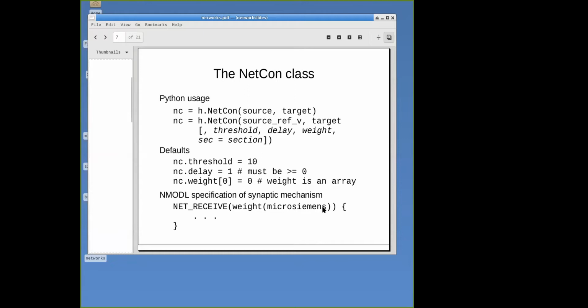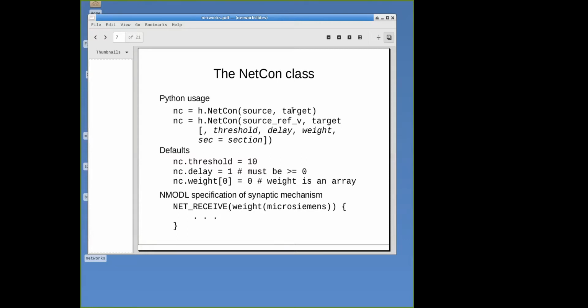So how do we actually do this? How would we specify this in Python? You've already seen this syntax a bit in some of Robert's slides. You create an instance of the NetCon class. The simplest way to do that is to declare the spike source and the target mechanism as arguments when you first create that NetCon, that network connection class instance.